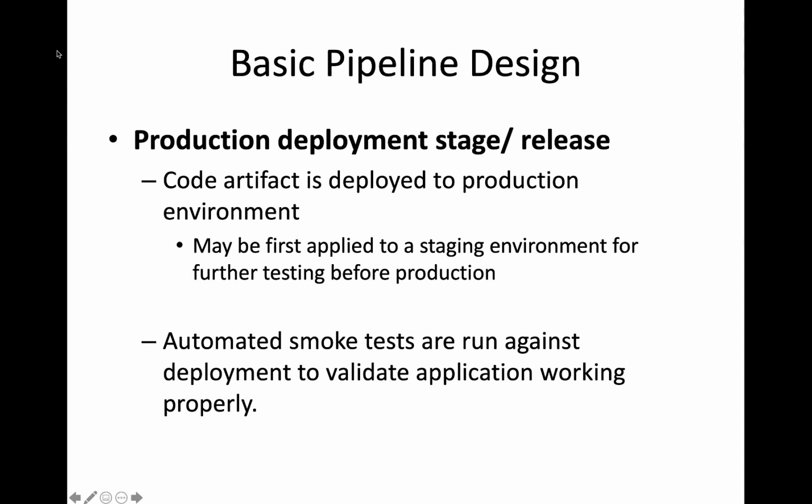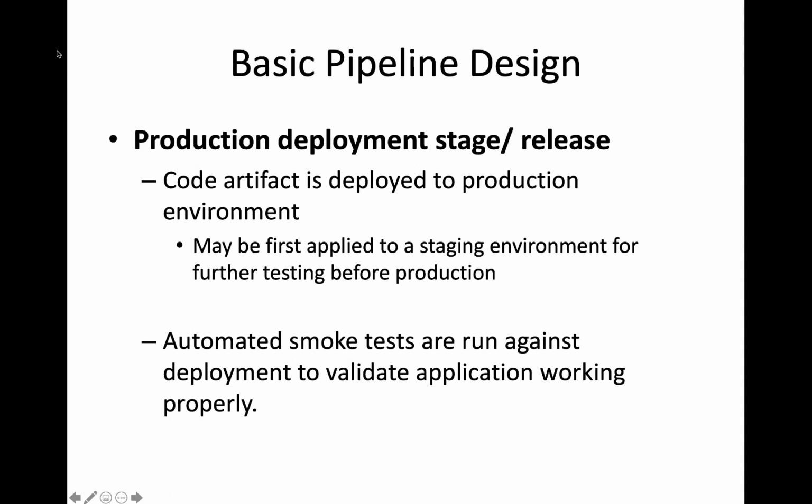The automated testing suite in prior stages is generally much, much more rigorous, and we might perform hundreds, maybe even thousands of tests. The smoke test is just a quick way to validate that the deployment process is working properly and our software is working.